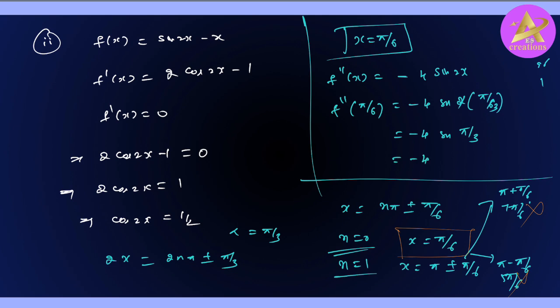Minus 4 sine pi by 3, 60 degree, right? Sine 60 degree, how much do we get? 0, 1 by 2, 1 by root 2, root 3 by 2. Okay, 0, 30 degree, 45, 60 degree, that means we get root 3 by 2. 2 ones are 2, 2 2s are 4, we get minus 2 root 3, which is less than 0 because of the negative sign. 2 is positive, root 3 is positive, but because of the negative sign we get less than 0.